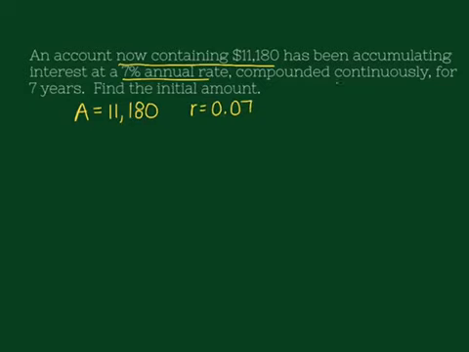It says it's compounded continuously, which means we're using that A equals P times e to the RT formula again. And then time is 7 years. And this time it says find the initial amount, so we're going to go ahead and find P.